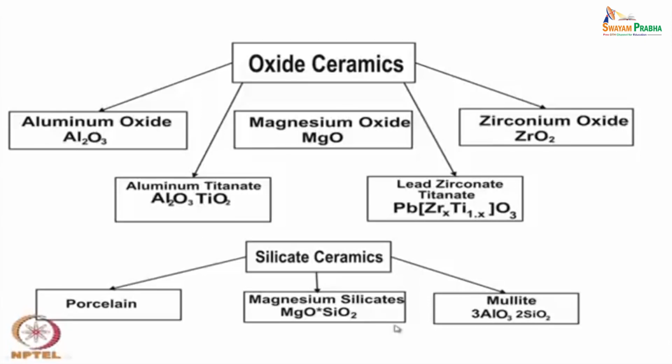You have silicate ceramics. Silicates are basically used in traditional ceramics, because some of these silicates are naturally occurring, and porcelain is one of the areas where silicates are extensively used. But in addition, you have purer varieties of oxides like magnesium silicate or 3Al2O3·2SiO2, a mixed oxide of aluminum oxide and silicon dioxide, a particular mineral called mullite.